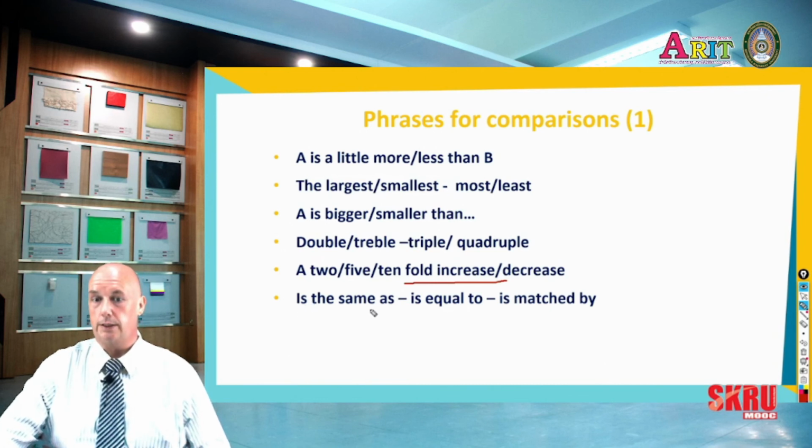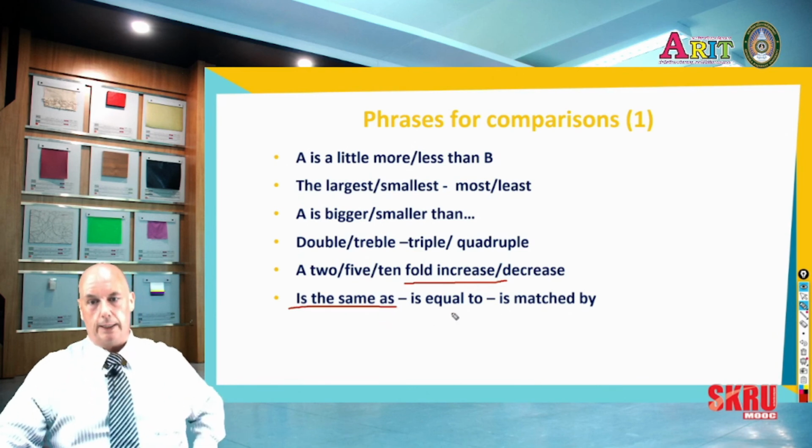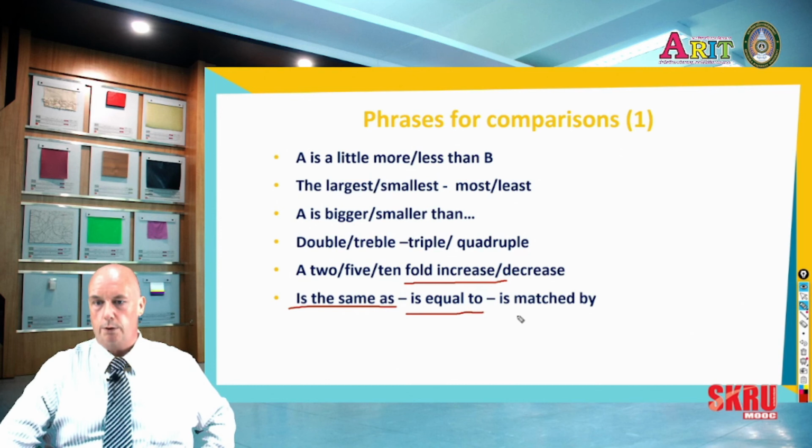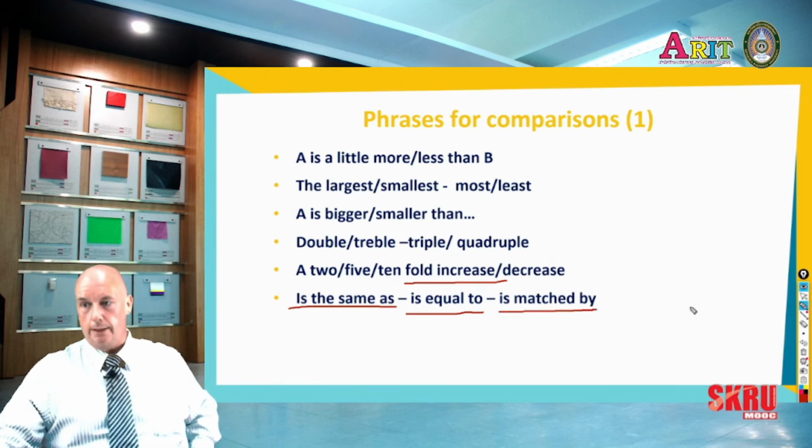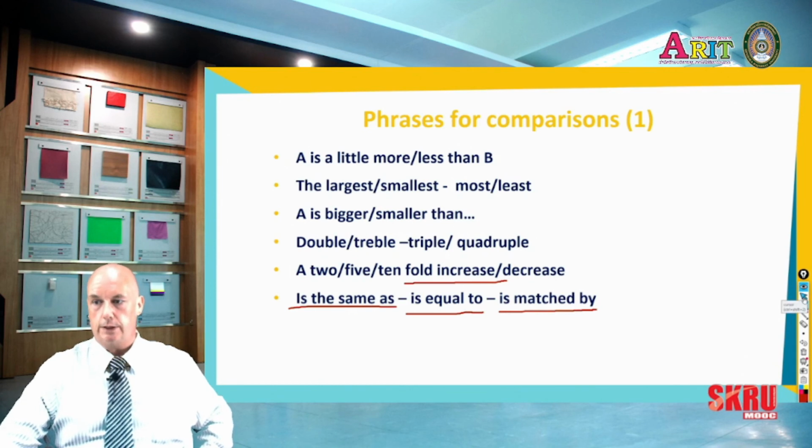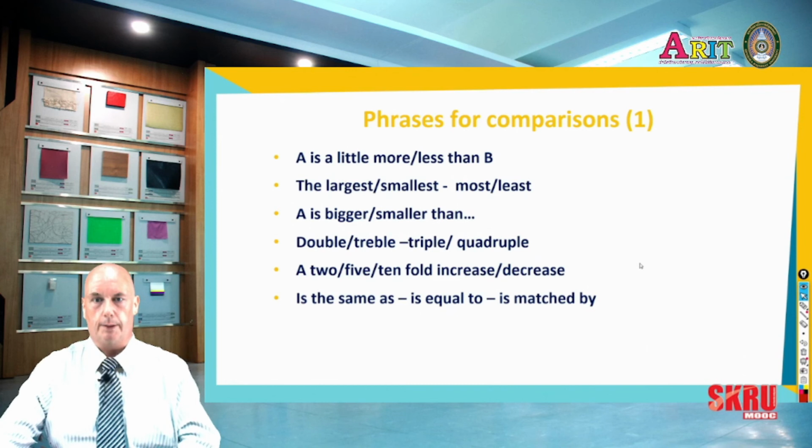Or we can say things are the same. A is the same as B. A is equal to B. A is matched by B. So those phrases help you make comparisons to other bits of data.